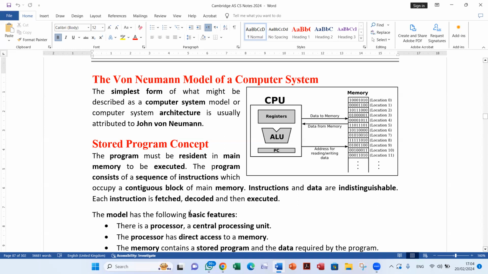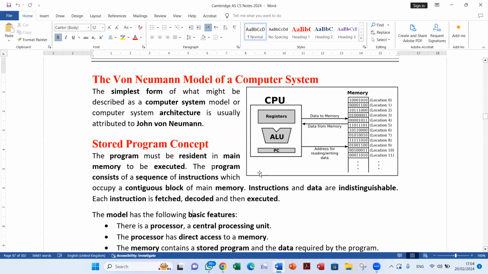The processor fetches an instruction, which means it copies it from the main memory to the processor. Decode means it interprets how to execute the instruction, then executes it, which means it performs it. And then it repeats again with the instructions that follow.